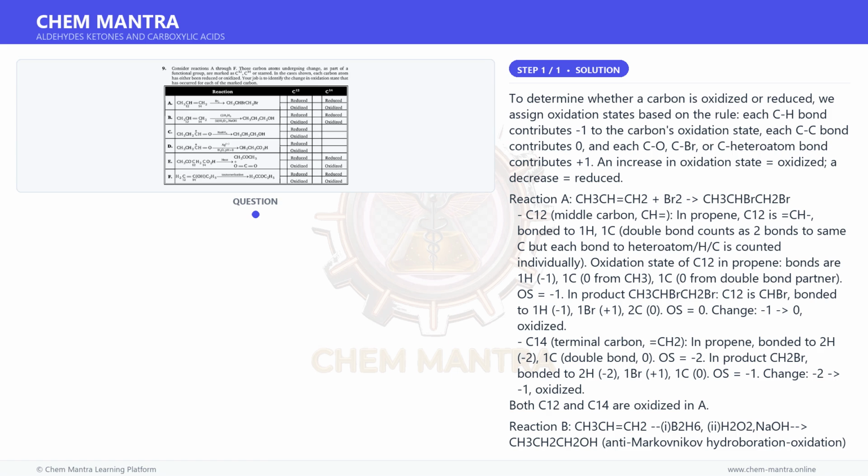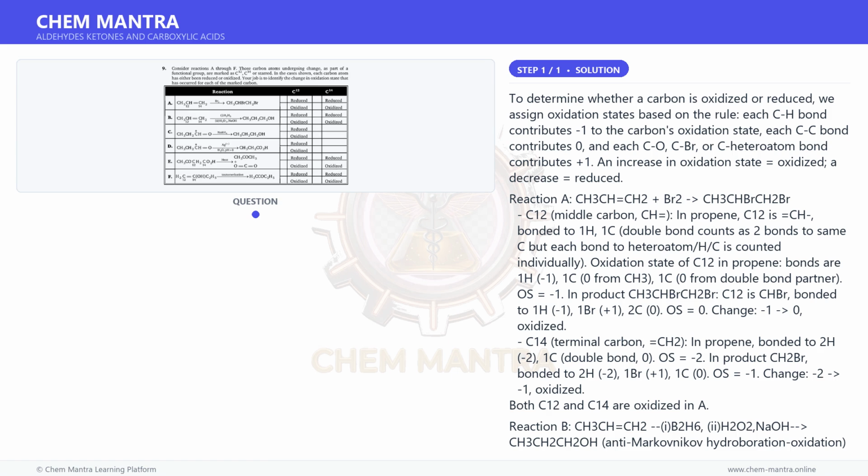Reaction D: CH3CH2CH=O with Ag+, H2O, pH 8, gives CH3CH2CO2H. The starred carbon, CH=O, the aldehyde carbon, OS is equal to 0, as computed above. In product CO2H, the carboxylic acid carbon is bonded to 2 oxygens, +2, and 1C, 0.